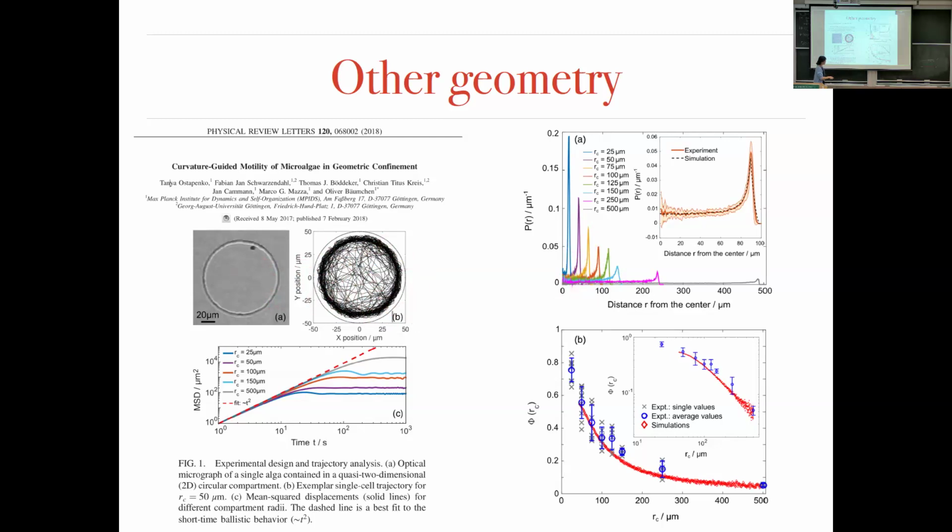They plot the curve: if your plate becomes bigger and bigger, how does the number of cells attached to the boundary decrease? This is an experiment.